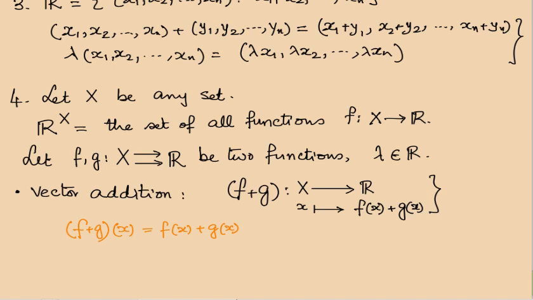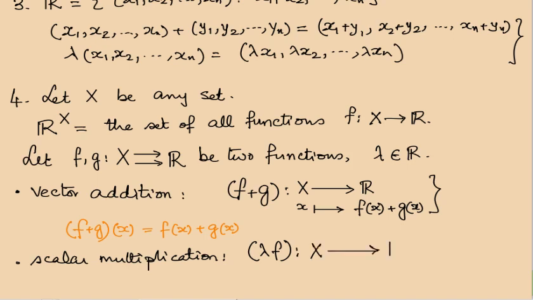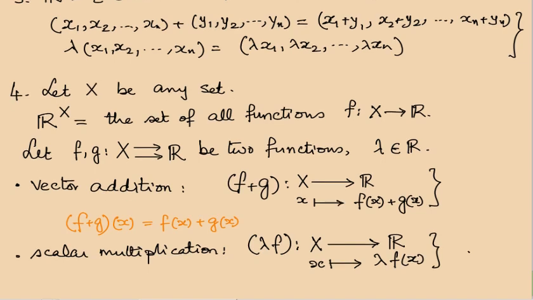And what is the scalar multiplication? I have to define this function lambda times f from X to R. It is x going to lambda times f(x). Show that this is also a vector space with these two operations.